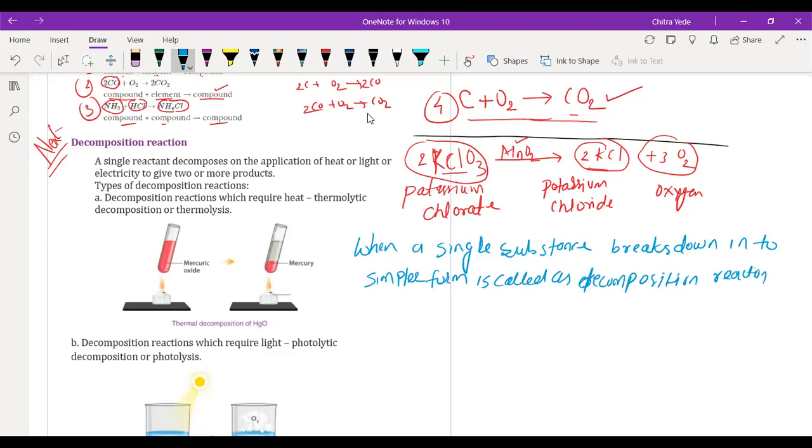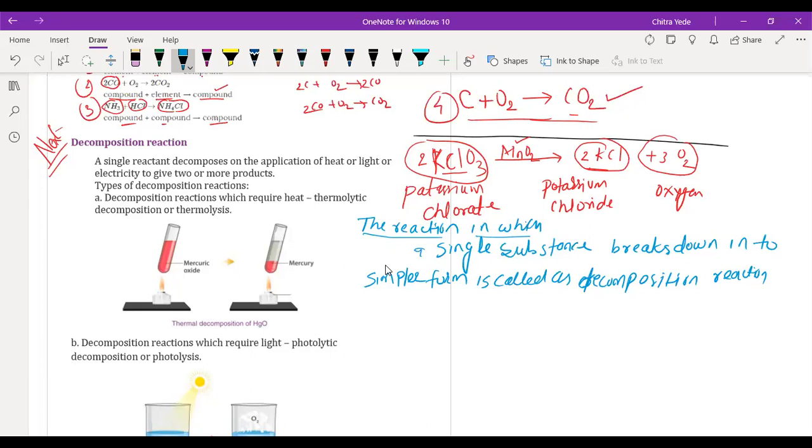Before that, we can write the initial part of the definition: the reaction in which a single substance breaks down into simpler forms is called decomposition reaction.